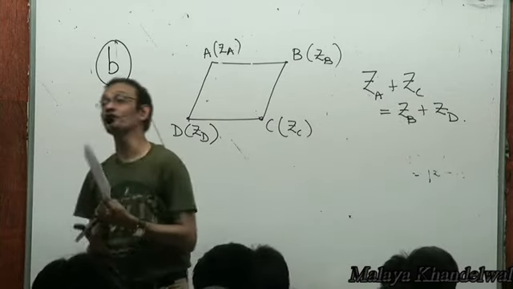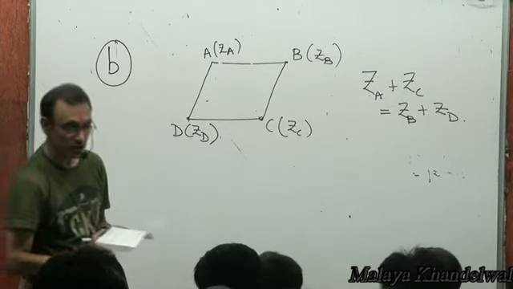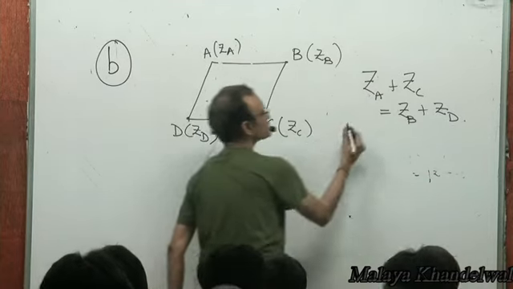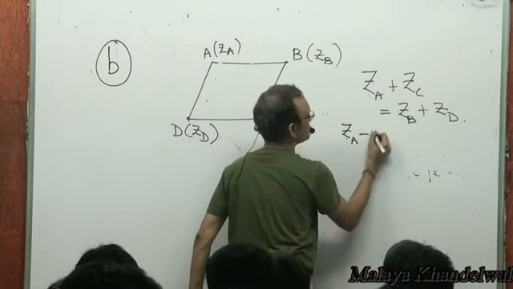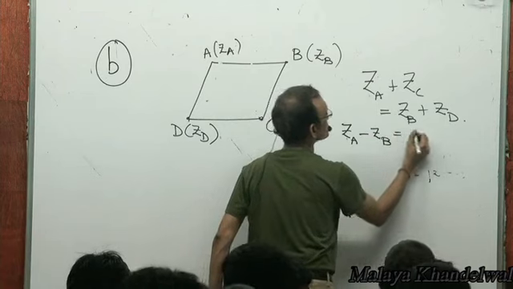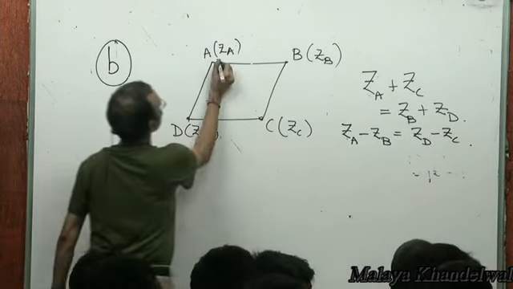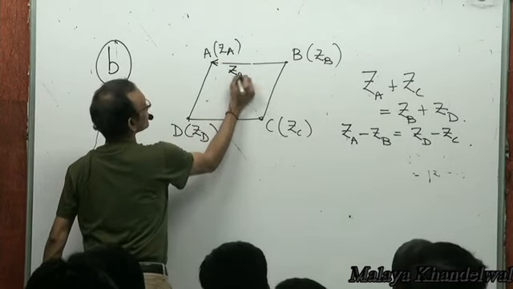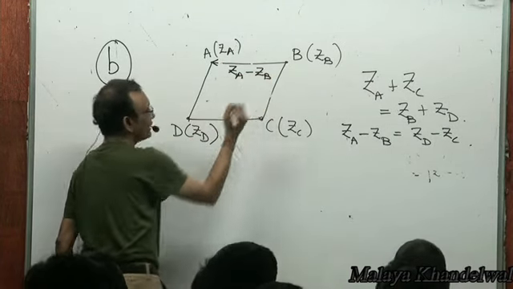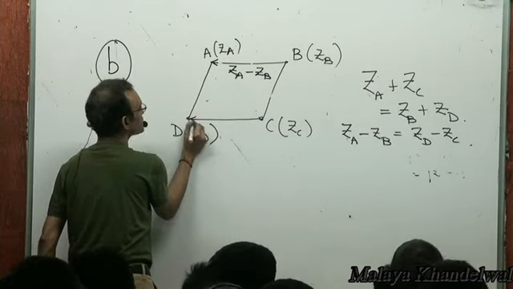We want to check on the nature of this quadrilateral. Now, what this means is ZA minus ZB is ZD minus ZC. ZA minus ZB is this vector, right? It's the same as ZD minus ZC, which is this vector.